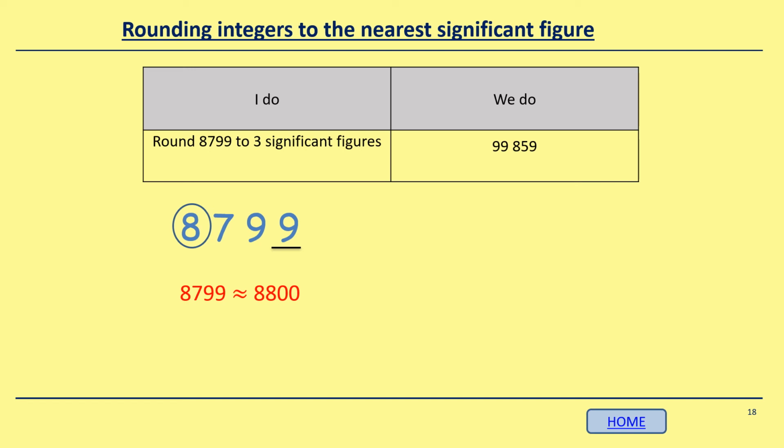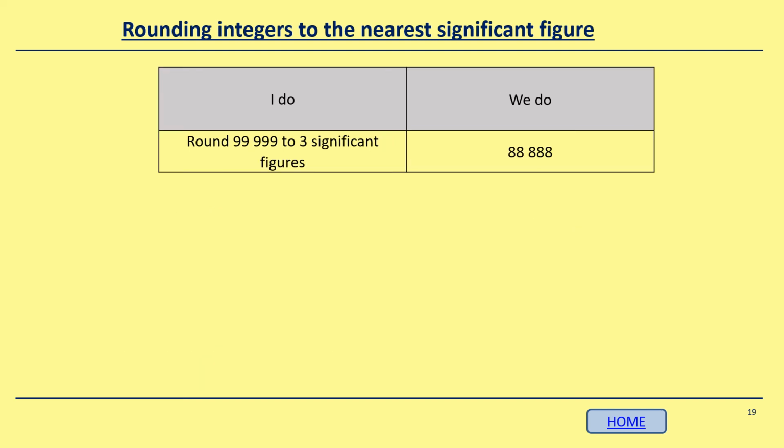So you have a go at 99,859. You should have got 99,900. Okay. Round 99,999 to 3 significant figures.